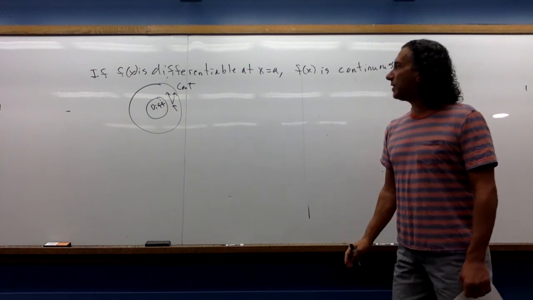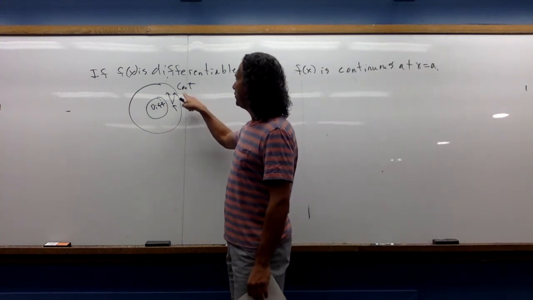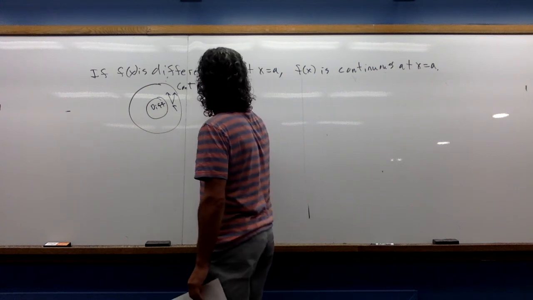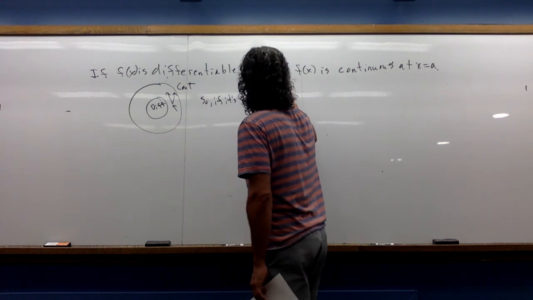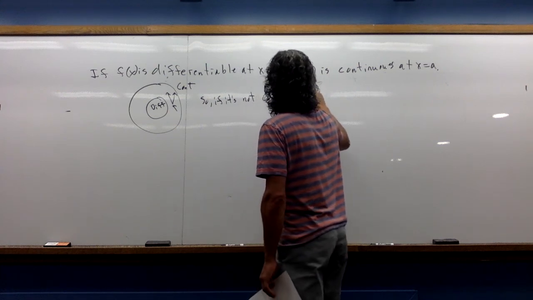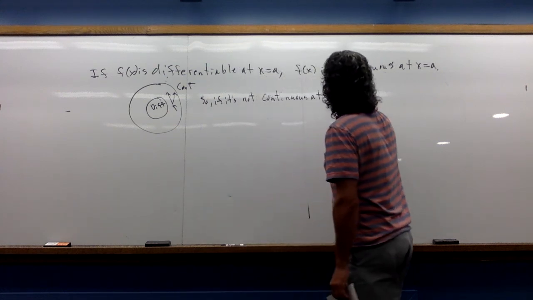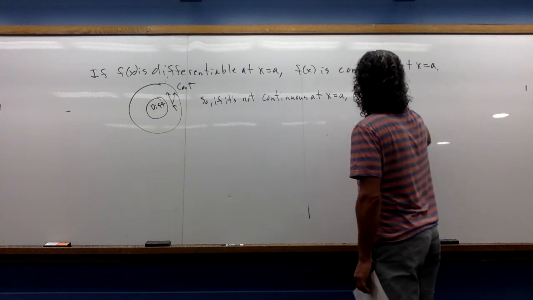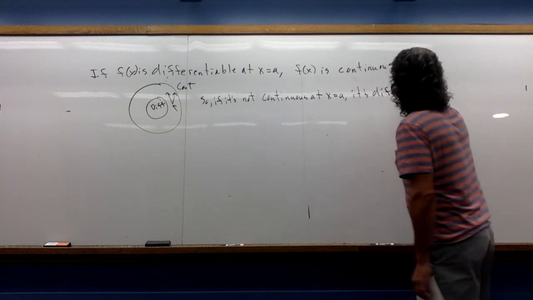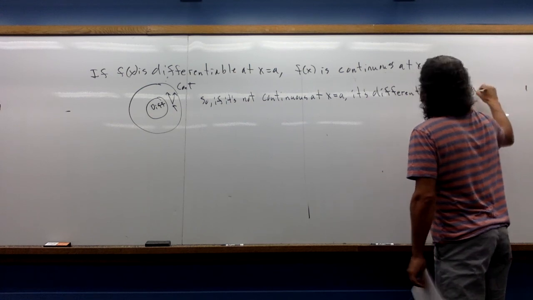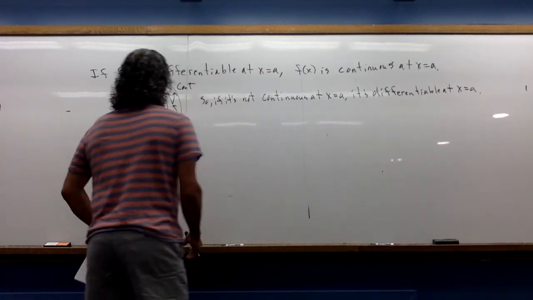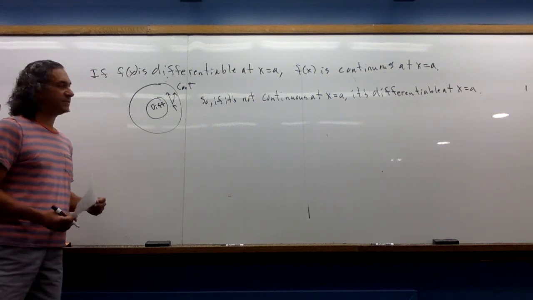By drawing this picture, we also see that if a function is not continuous at x equals a, it's not differentiable there. If it's not continuous, then it's not differentiable.